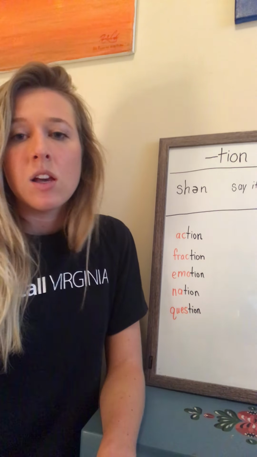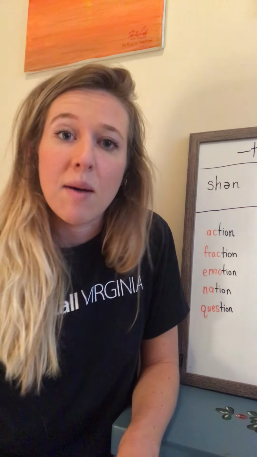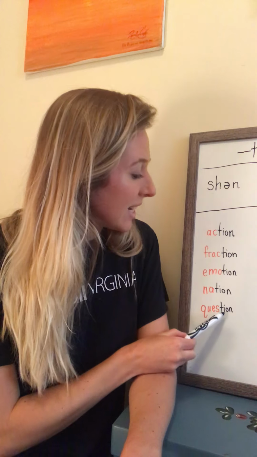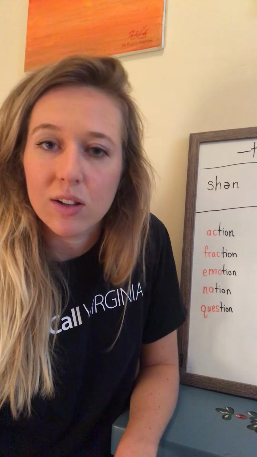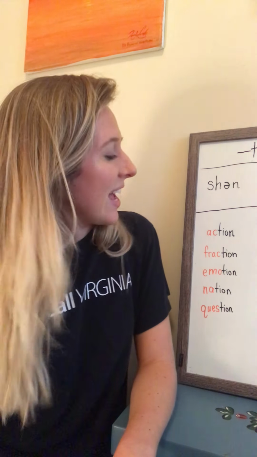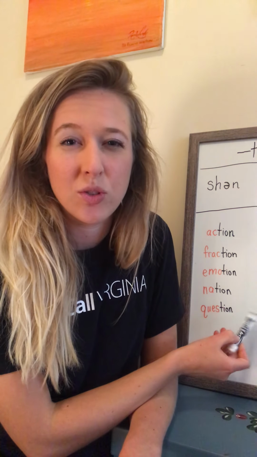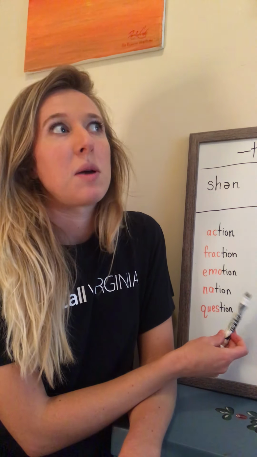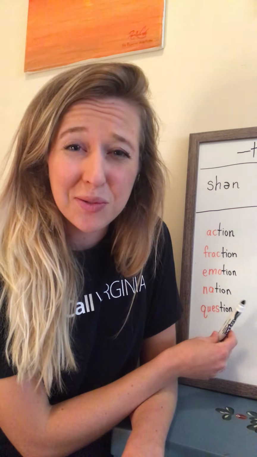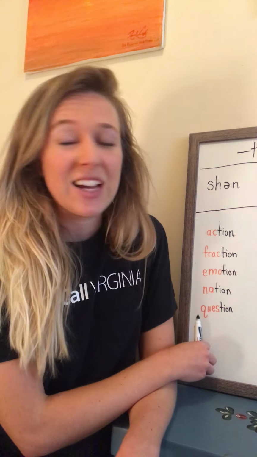So basically, later on in 3rd grade, 4th grade, 5th grade, you'll be learning a lot more of these words. But there's a trick. You can remember that they always say their own special sound. And these letters, T-I-O-N, are usually attached to really long words. And you might be like, how do you pronounce that really long word like conclusion or exaggeration?